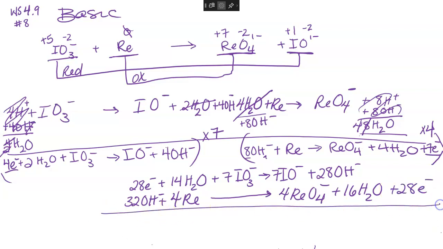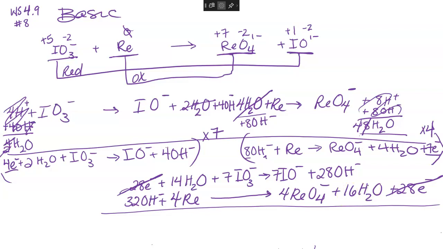Here's where we simplify. What cancels? So we're going to add them together. We cancel first. What cancels out? Obviously, the electrons. That was the goal with those really massive numbers. What can we simplify? The water and the OH. So start with water.